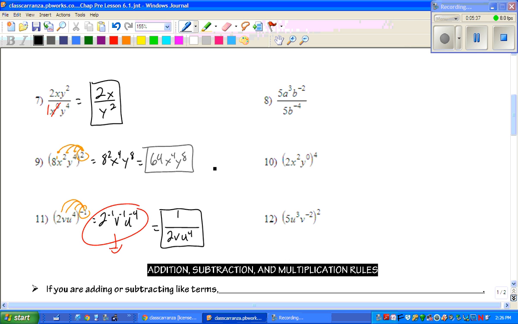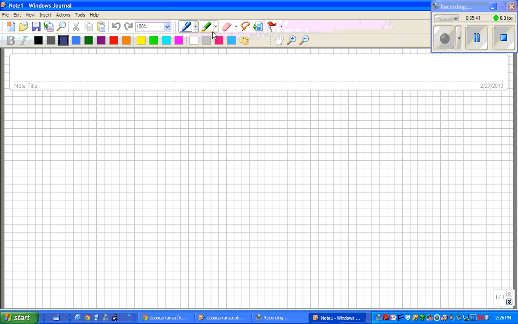Now, quick question for you. I'm going to pull up just a blank sheet real quick. If we had this right here, what moves? Okay, remember, it's only the exponent. If your exponent's negative, that's what drops down.